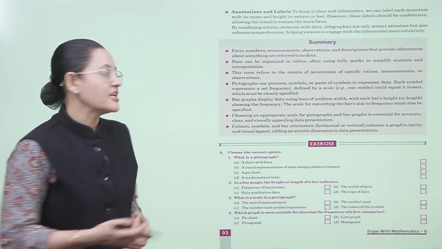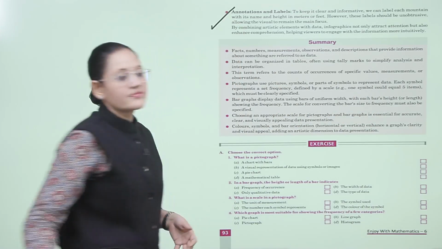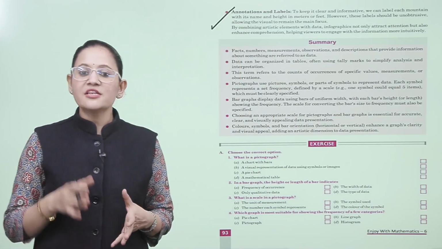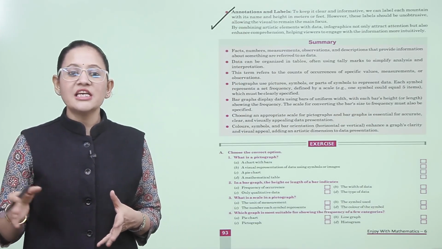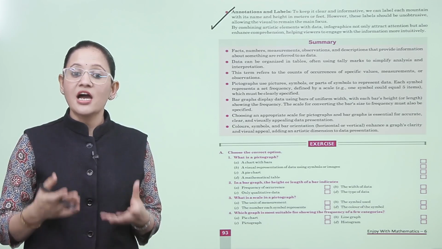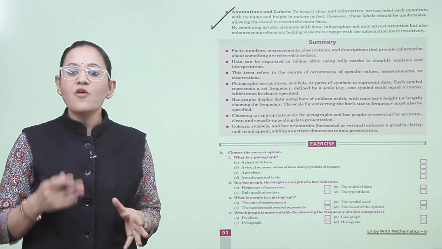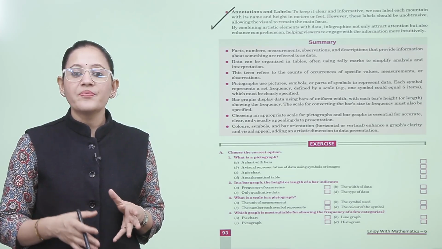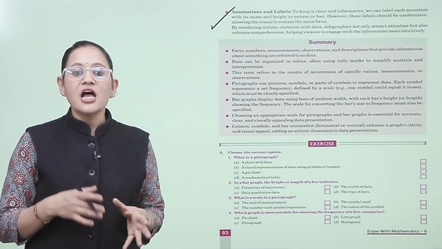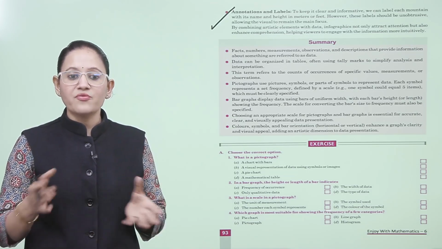Next is annotation and labels. To keep the information clear, we can label each mountain with its name and height in meters and feet. However, these labels should be unobtrusive, allowing the visuals to remain the main focus.